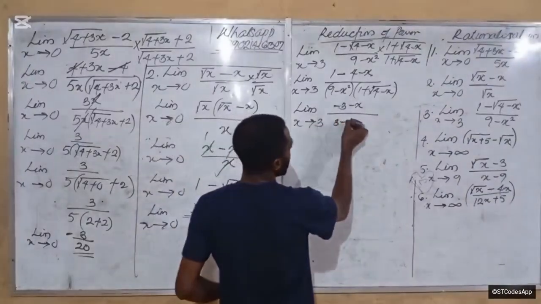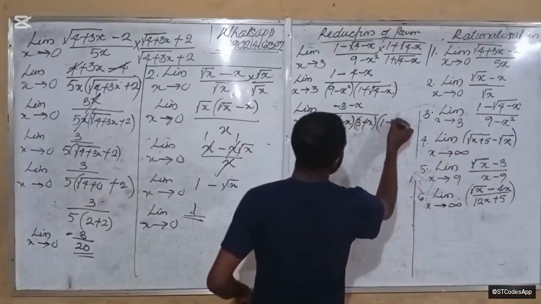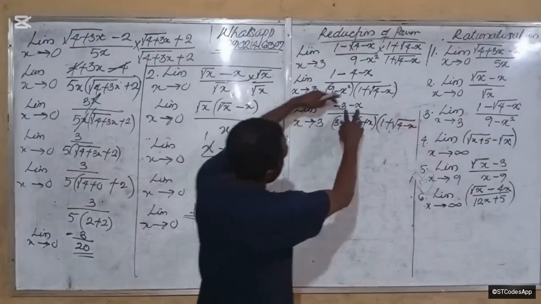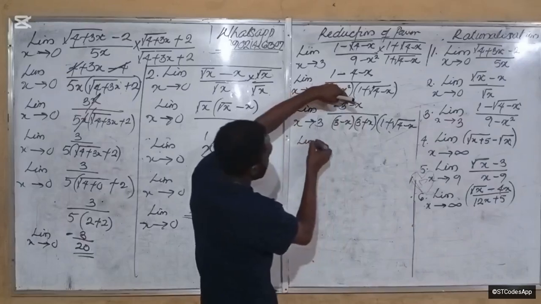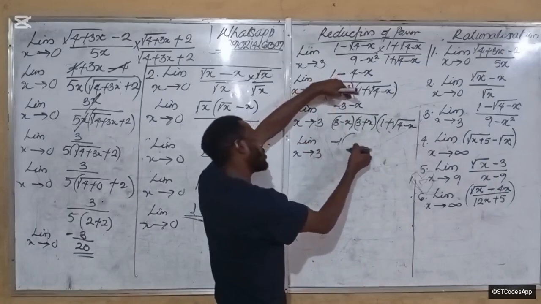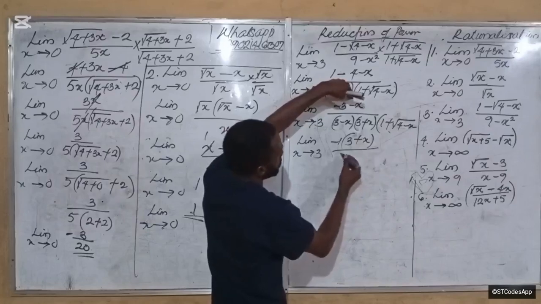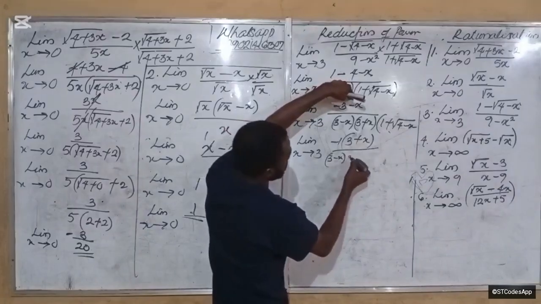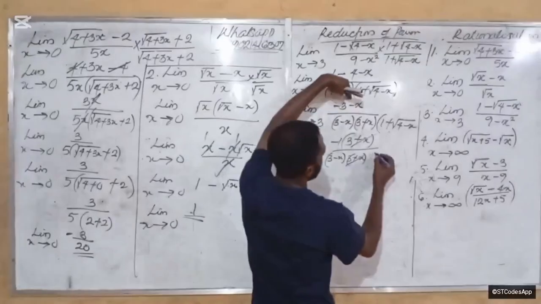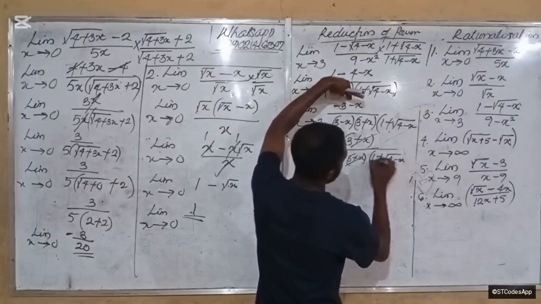So that's going to be 3 minus x multiplied by 3 plus x, all multiplied by 1 plus the square root of 4 minus x. So from here, you can factor out negative so that you have the limit as x approaches 3 of minus 1 into bracket 3 plus x over 3 minus x, 3 plus x, you cancel here. So over 1 plus the square root of 4 minus x.